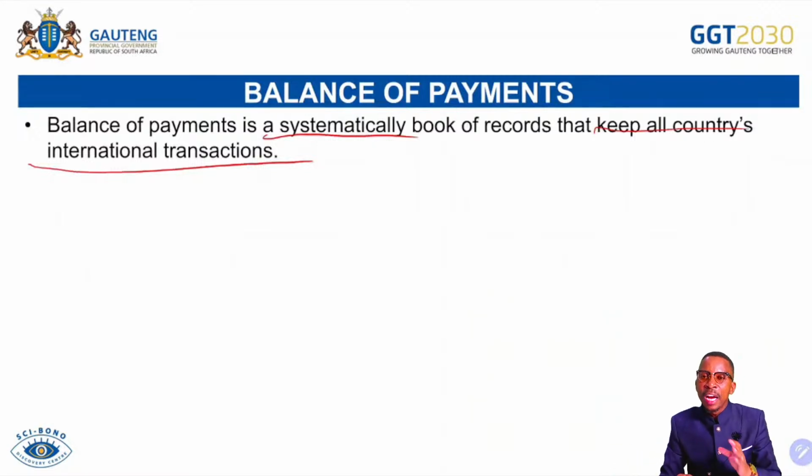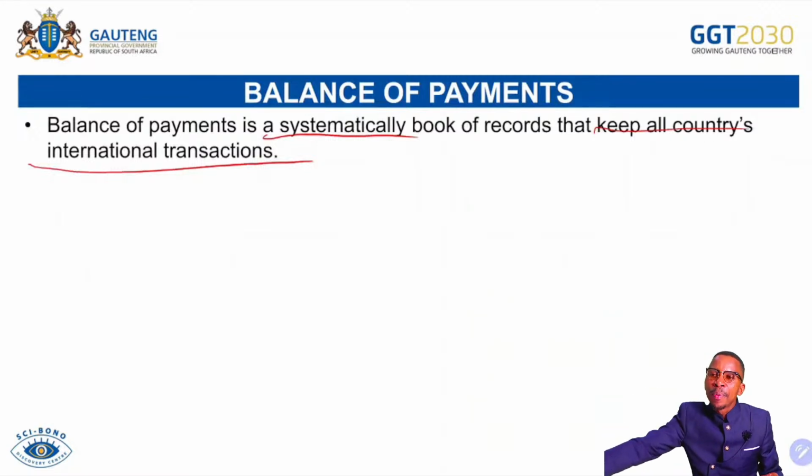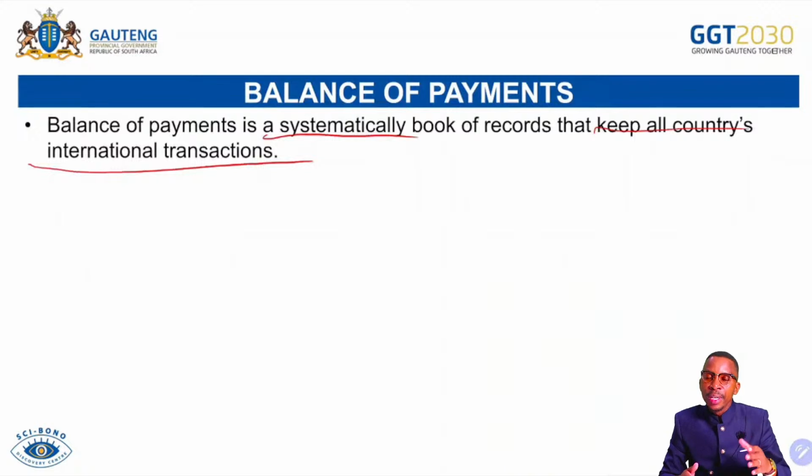In case we have more outflow of our domestic currency than the inflow of foreign currencies, we have a deficit, because that means our money goes out more than the money that we receive as a country. In case our outflows are equal to the inflows, we have balance of payment equilibrium. If you can get it from the beginning, you will be fine.